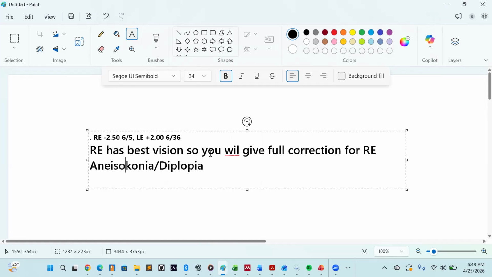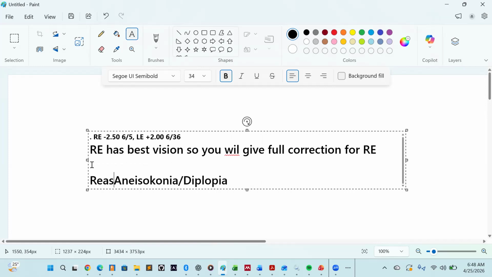This is the reason we can't give the prescription above. So what you now do is give the eye that has the best vision the full correction. The maximum tolerable difference for an adult is 250, as I've said, so the difference between the two eyes should not go above 250.